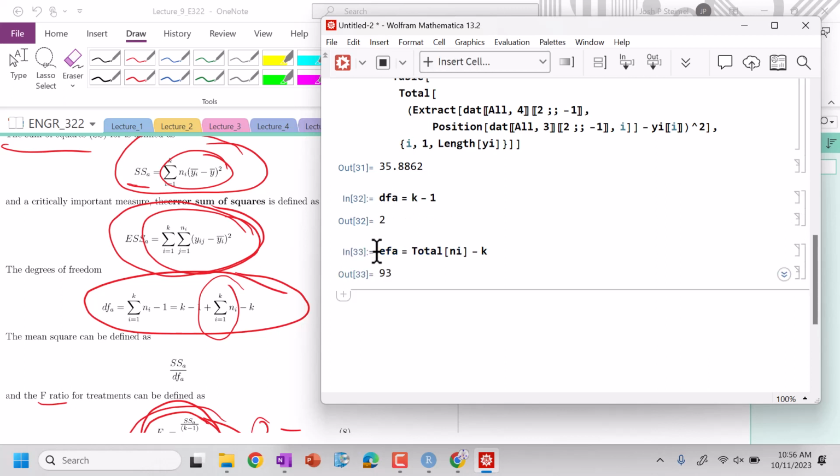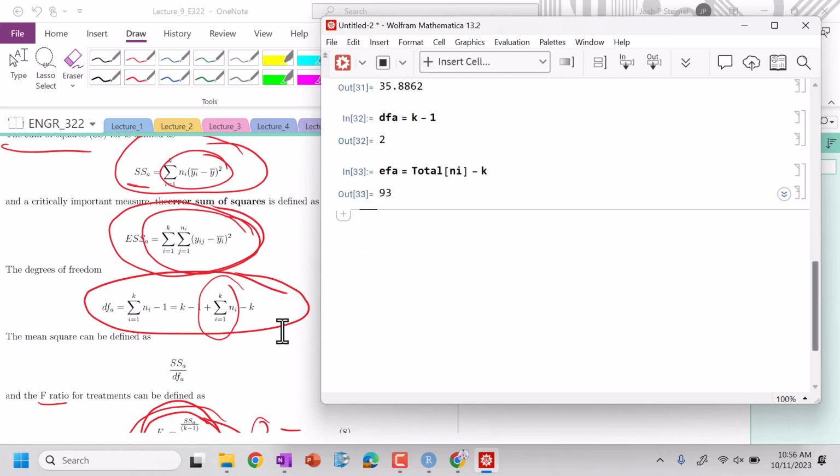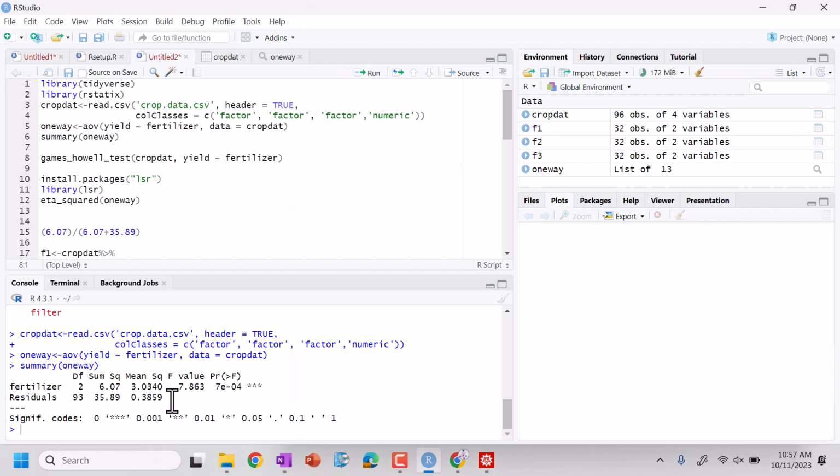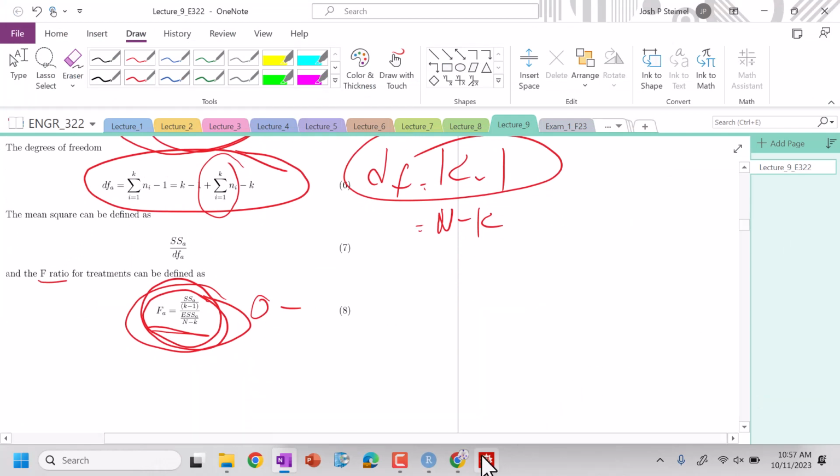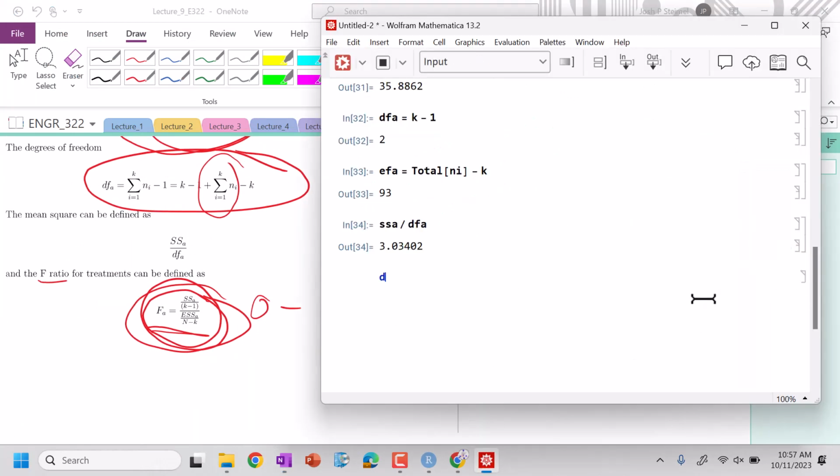And EFA, the error degrees of freedom. Okay, so if I do SSA divided by DFA, so 3.04, good. And I can also do ESSA divided by EFA. Same thing here.